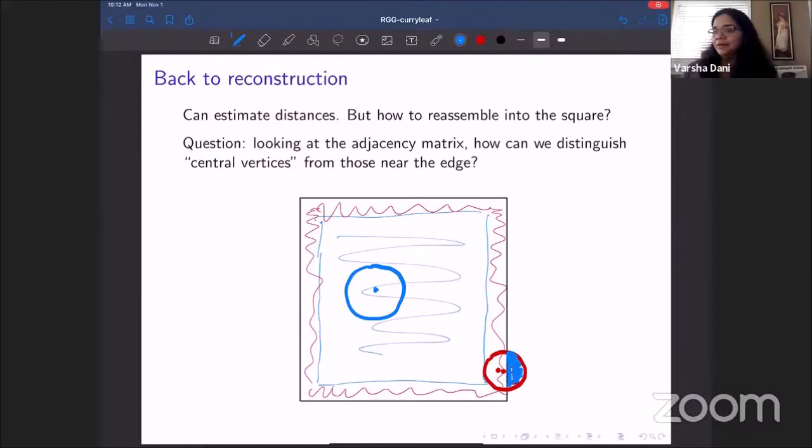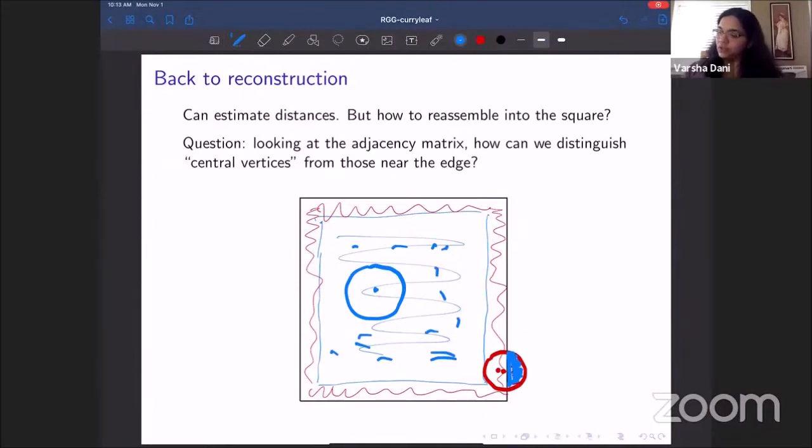And degrees are something that you can calculate from the adjacency matrix. So just by looking at the adjacency matrix, you should be able to tell pretty well which points lie in this region and which points lie on the edge.